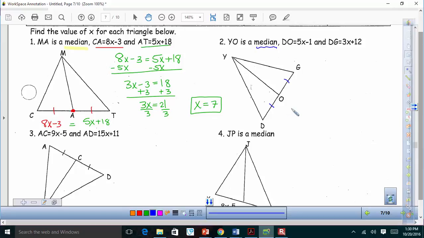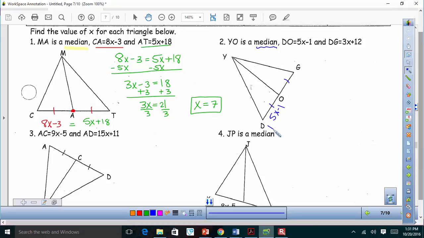So it tells me that DO, this length right here, is 5x minus 1. That's DO. I said those 2 were equal.